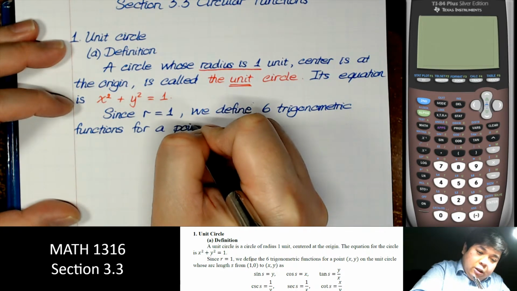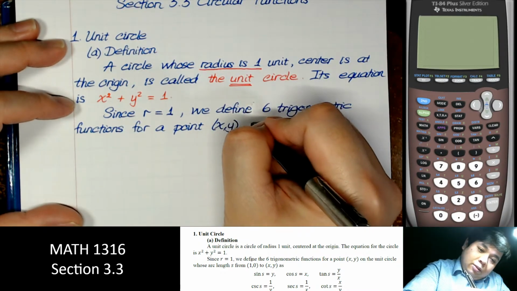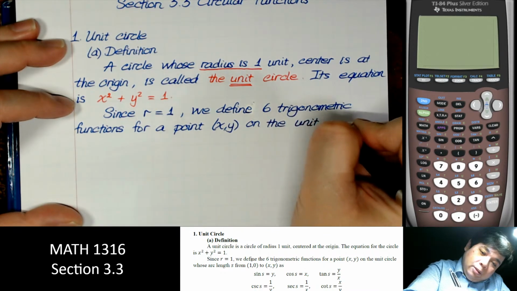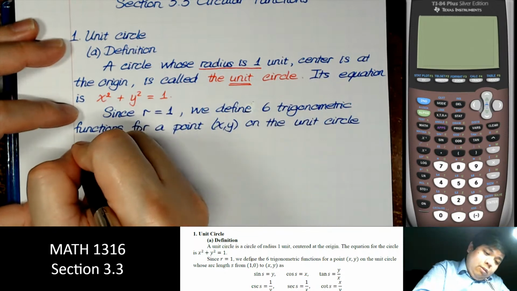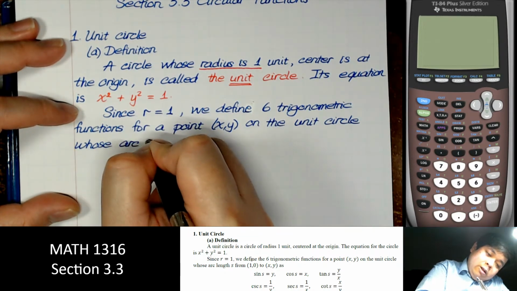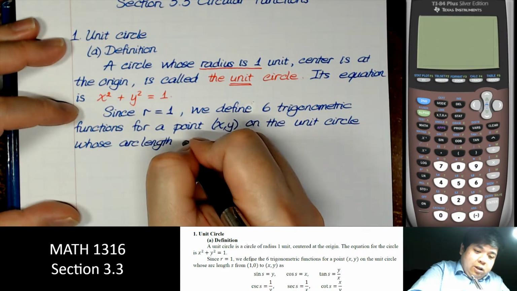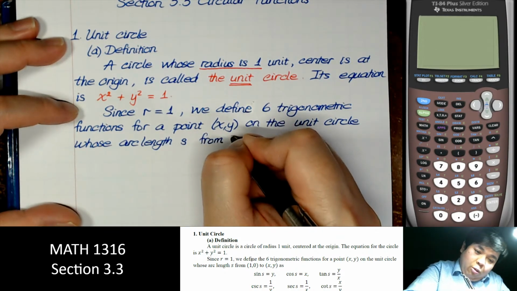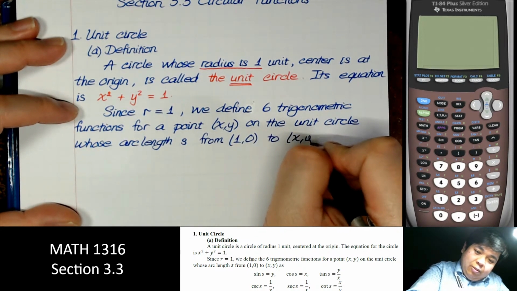For a point (x, y) on the unit circle whose arc length s from (1, 0) to (x, y).